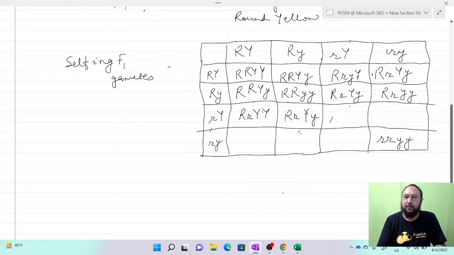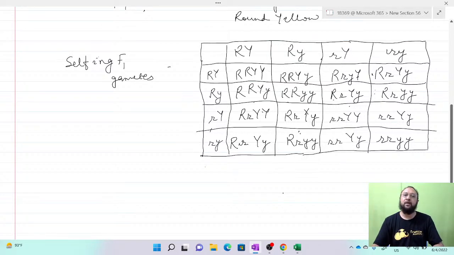Then small r, capital Y, and small r, capital Y, small y. So this was how he found the combinations.